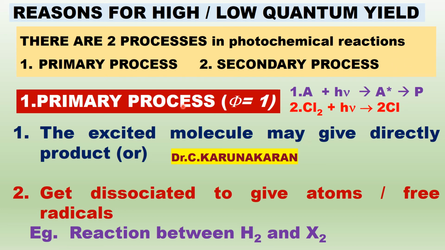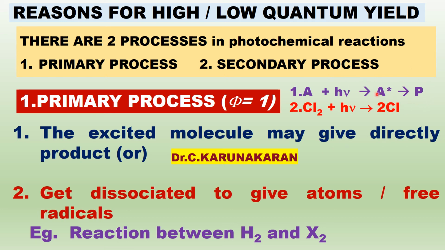We will see what the primary process is now. In the primary process, the molecule absorbs a photon of light to become excited, and the excited molecule gives the product directly.